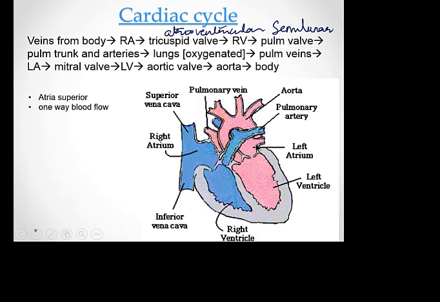Then from the left atrium, just like the right side, blood goes into the left ventricle by means of this left atrioventricular valve, also called mitral or bicuspid valve. So many names.